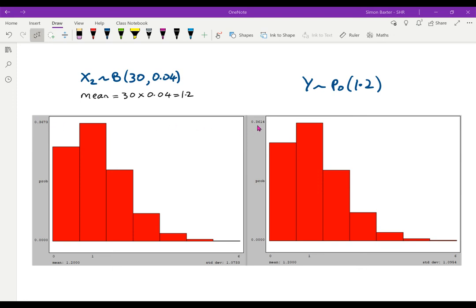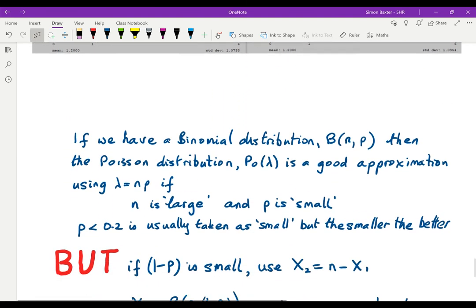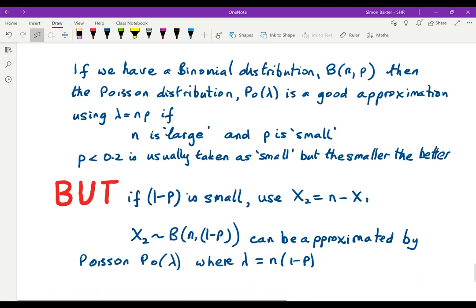The top value is 0.3614. Shape, pretty good. So yes, Poisson is a good approximation when p is small, but don't ignore what happens when p is close to 1.